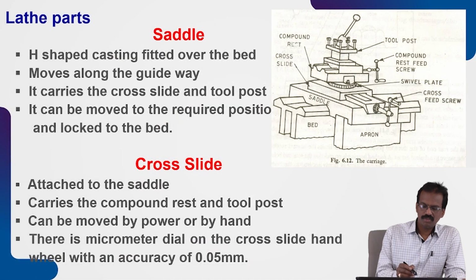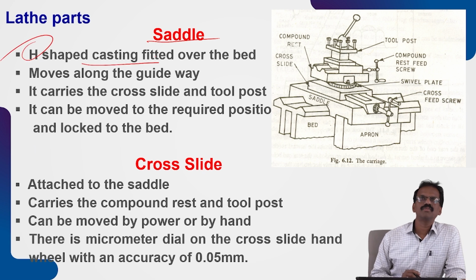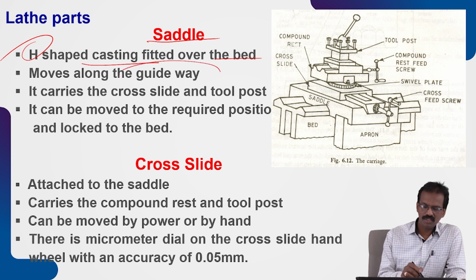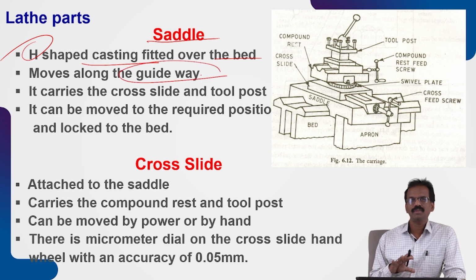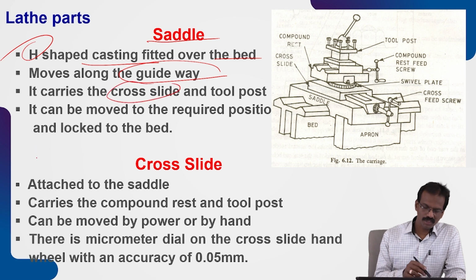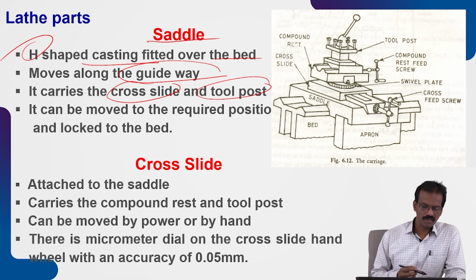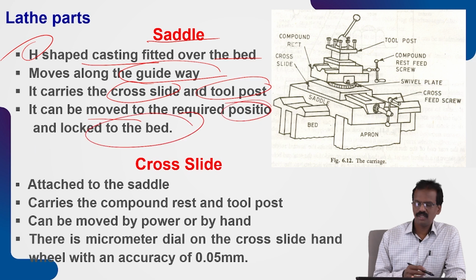First we'll see the saddle. The saddle is an H-shaped casting fitted over the bed. It moves along the guideways of the bed. It carries the cross slide, because the cross slide, compound rest, and tool post are on the saddle. It can be moved to the required position and locked to the bed also.